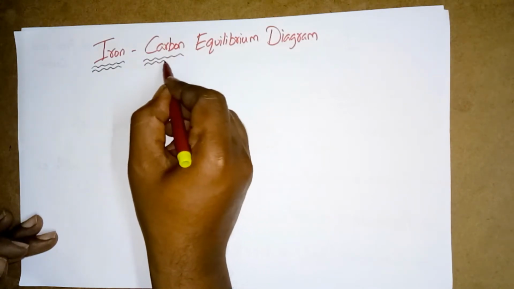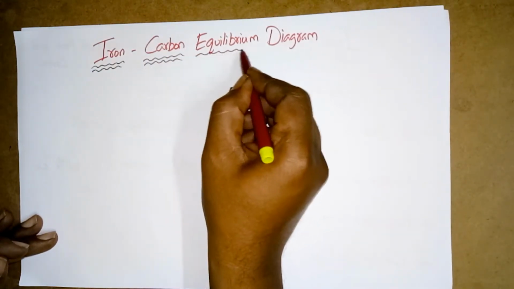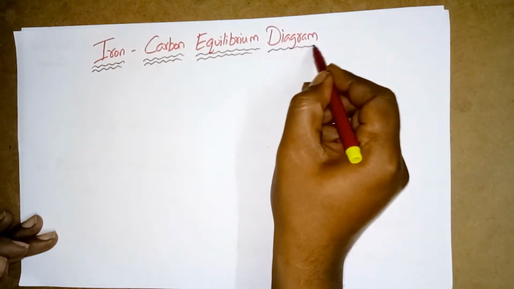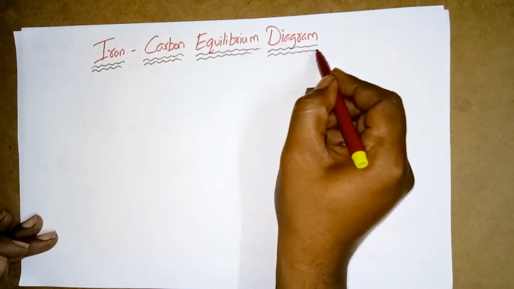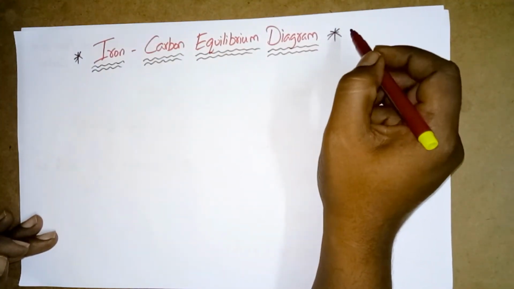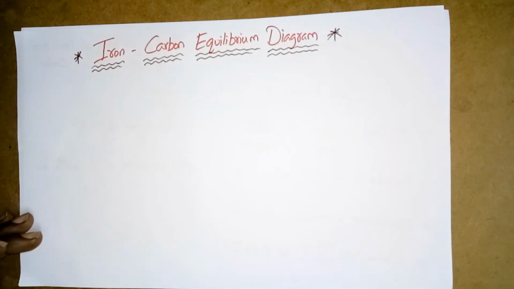Last class we came to know about steel, its properties, and everything involved. Now we will start the iron carbon equilibrium diagram.